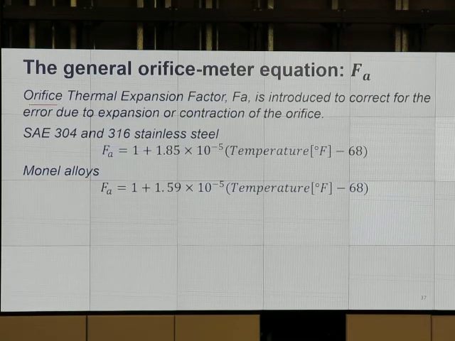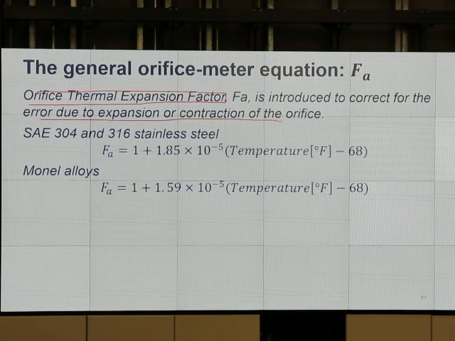The orifice thermal expansion factor F sub A is introduced to correct the error due to expansion or contraction of the orifice plate itself. Remember, the orifice plate is a piece of metal. When it's cold, say in Alaska, it shrinks, right? When it's very hot, it expands.